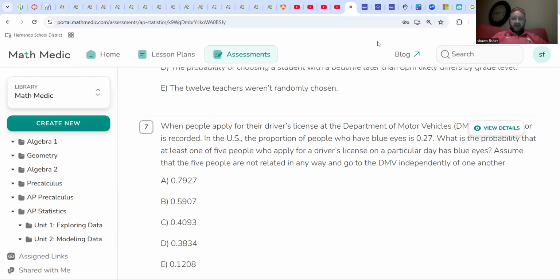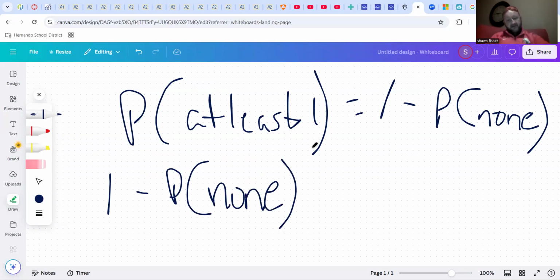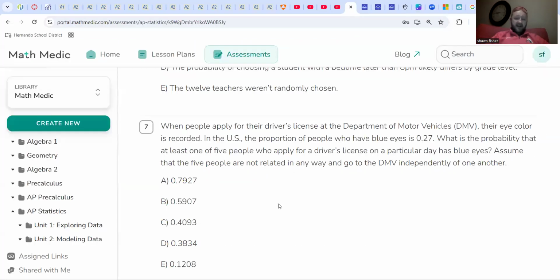So I'm going to say one minus the probability that none are blue eyes. So here we go. Let's do it. And you can do it out all the way if you want to.